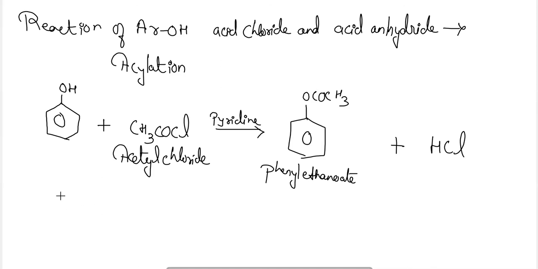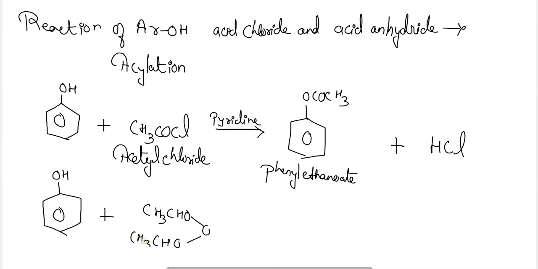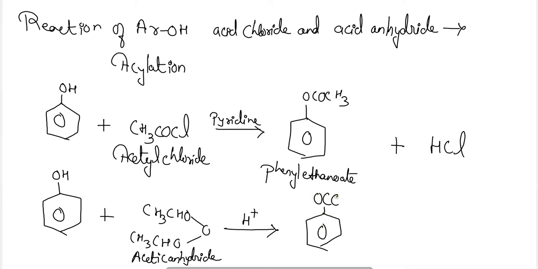Next, when alcohols such as phenol are reacted with acid anhydrides such as acetic anhydride, here also the product will be phenyl ethanoate with acetic acid.